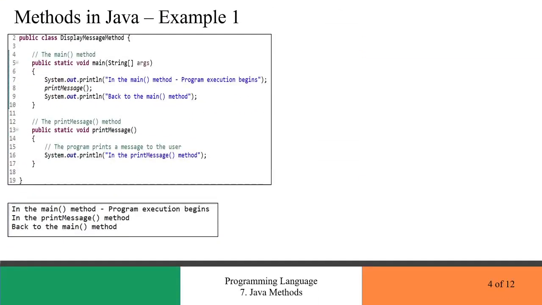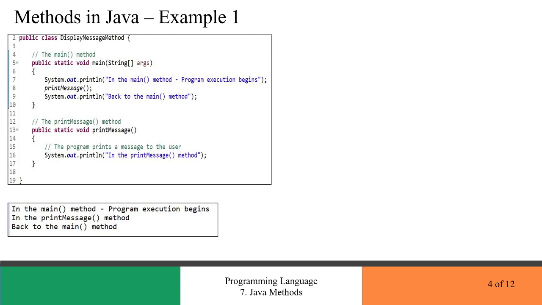If we look at the example here, there is a class with the name displayMessage method, and there are two methods. A main method which runs from lines 5 to 10, and another printMessage method that runs from lines 13 to 17. The main method is the entry point from where the execution of the program begins.